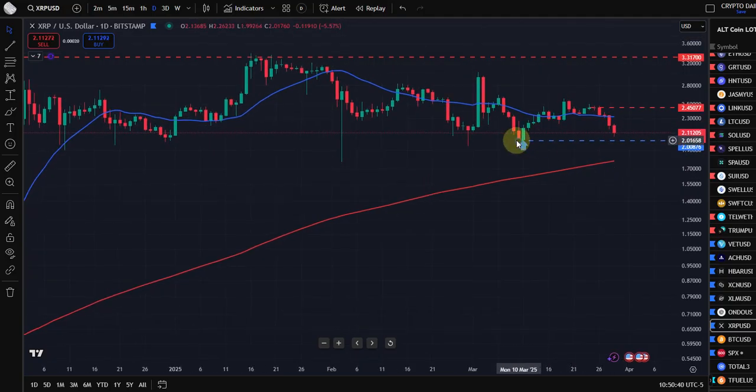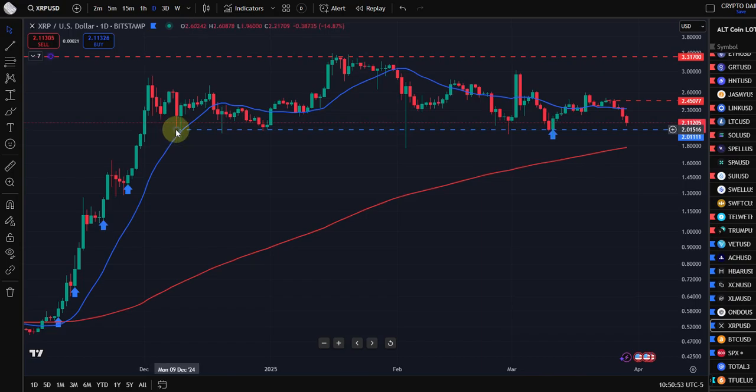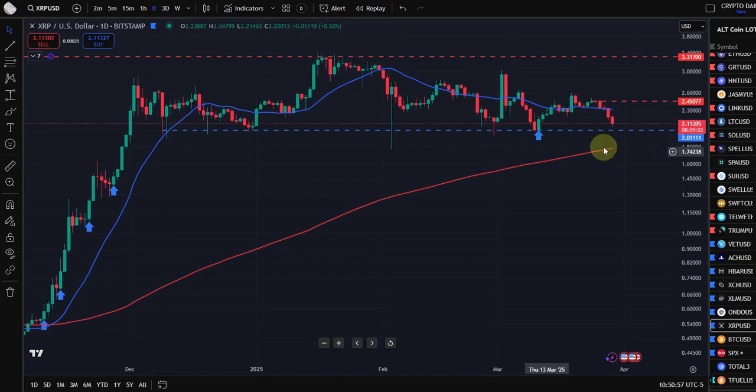This low pivot here, as you see, we can stretch it across, and we pick up all the wicks and previous tests of that price level going over really to December 9th, 2024, okay? So we're looking for that to be a good zone for most probably May.